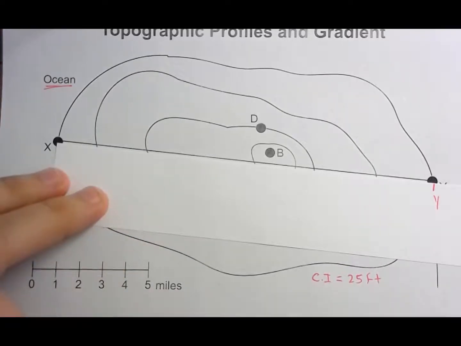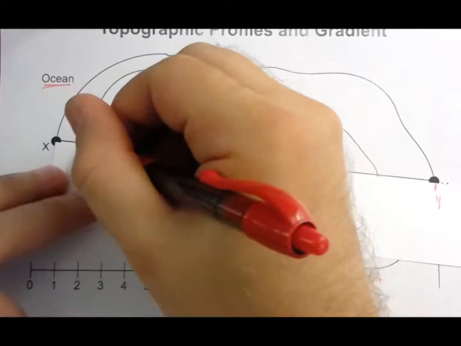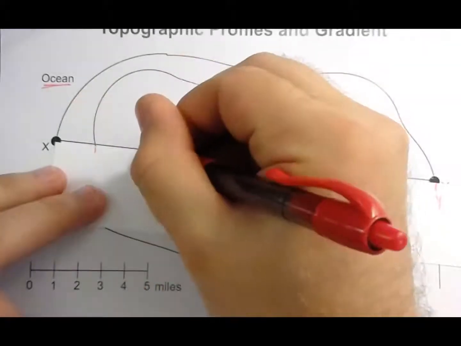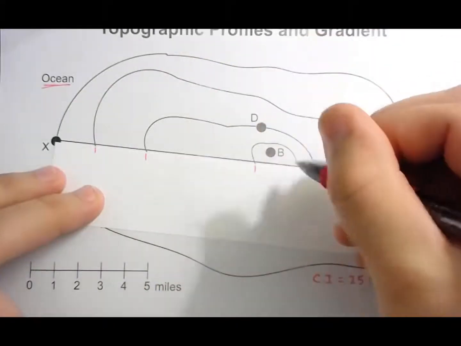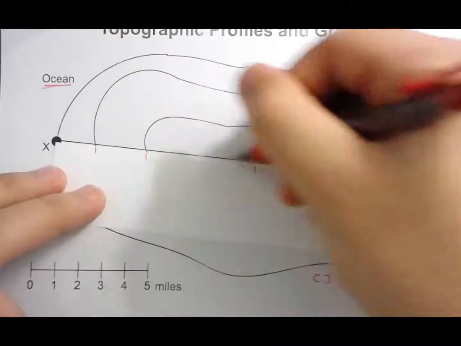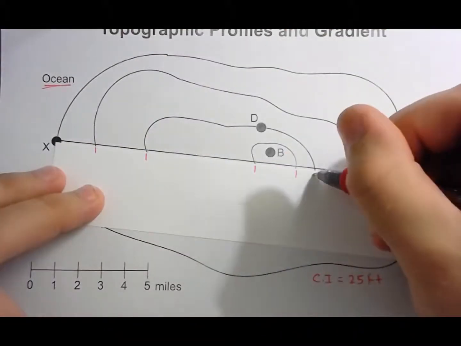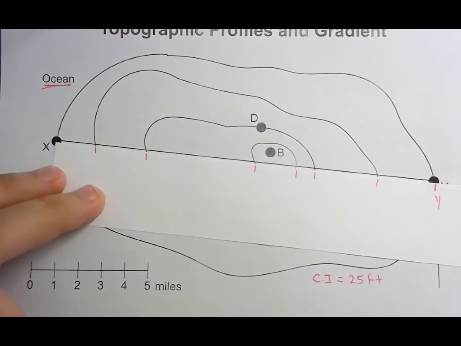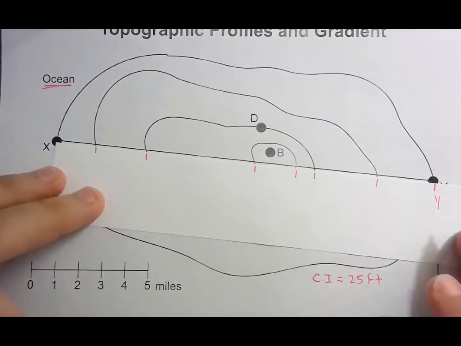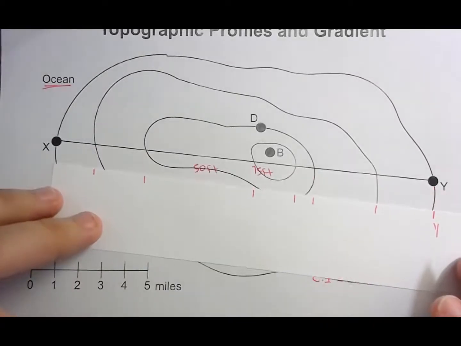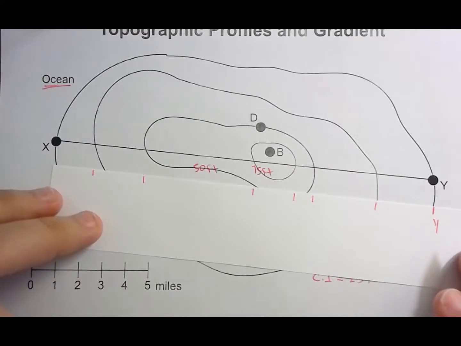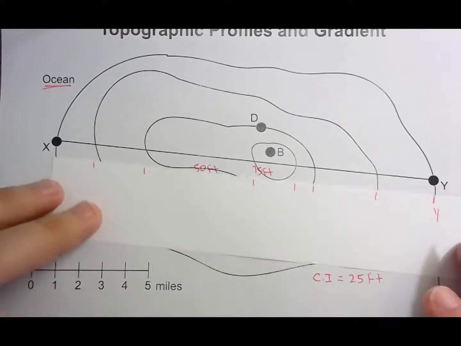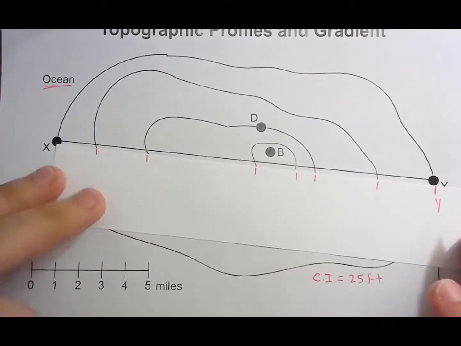The next step is to mark off all of the intersection points between your cross section, the line that goes across the map, and where they intersect with contour lines. So now I've done all that. The final thing you want to do before you actually build your profile is label each of these lines with their elevation.